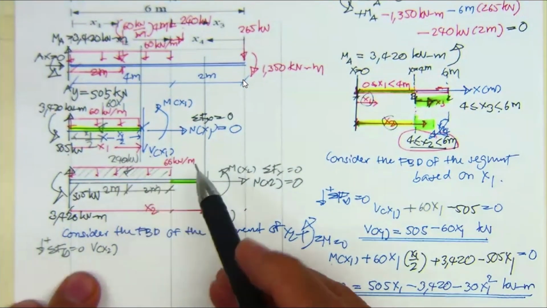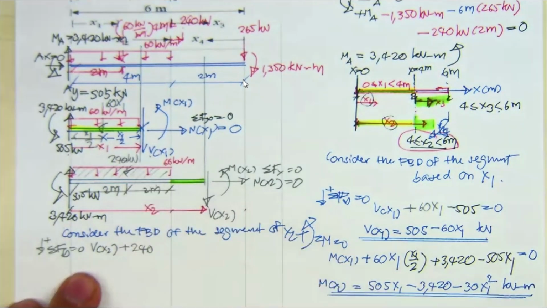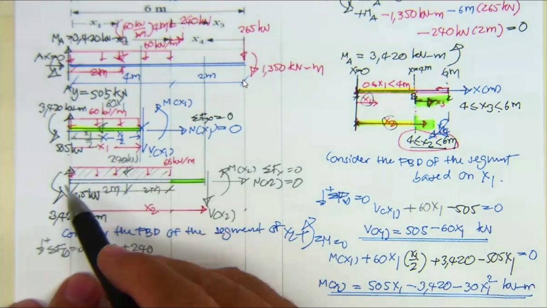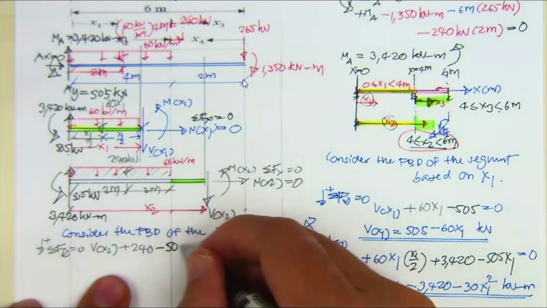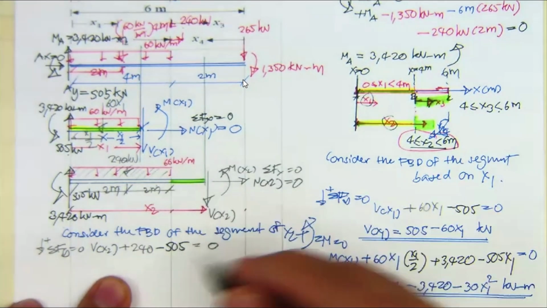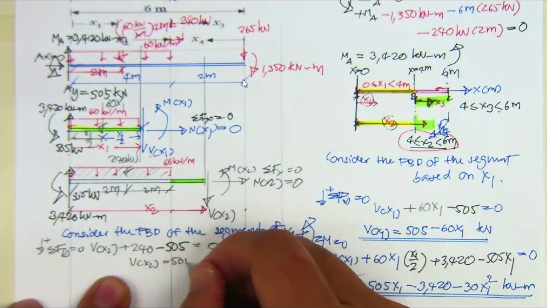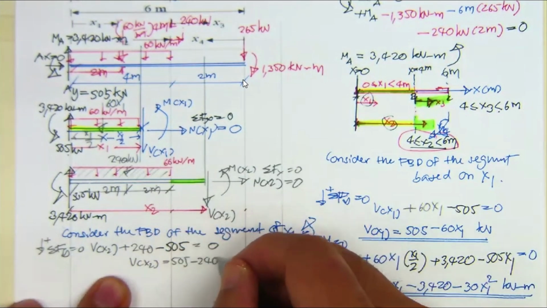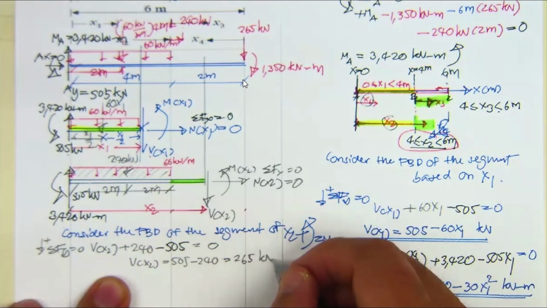Okay, now this downward has 240, and then this one 505 upward, minus 505, and then take it to be 0. V sub x2 is going to be 505 minus 240, which is 265 kilonewton.